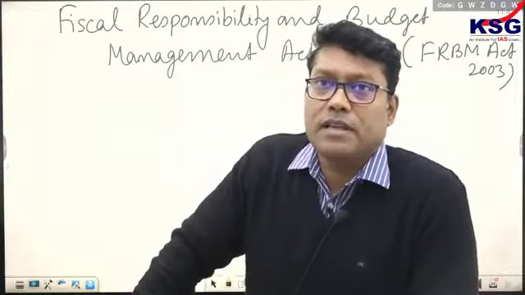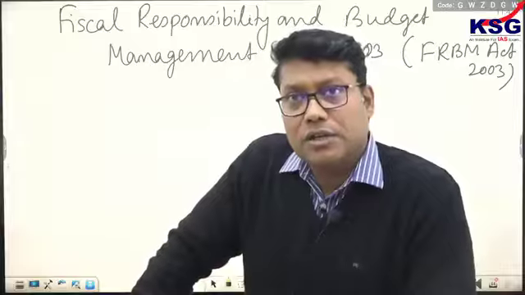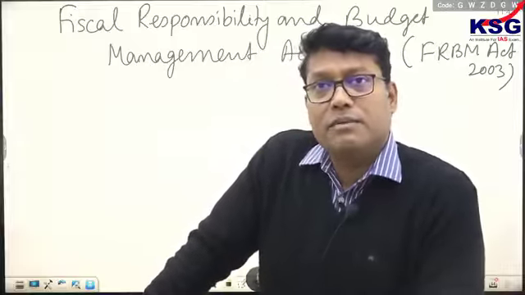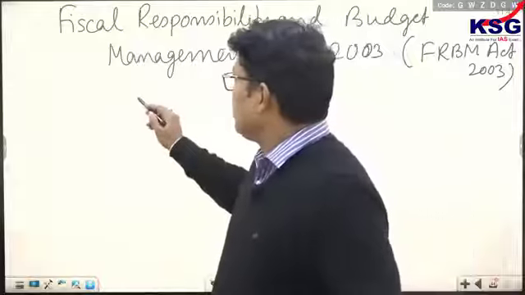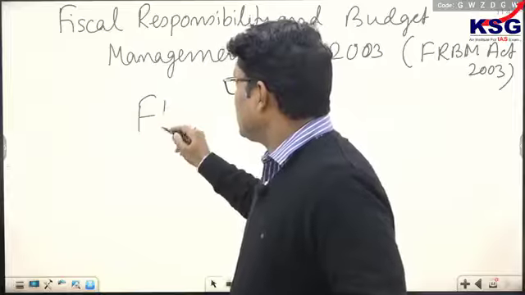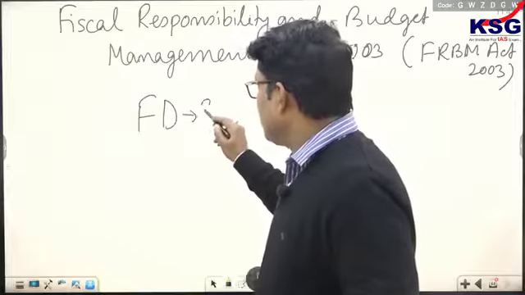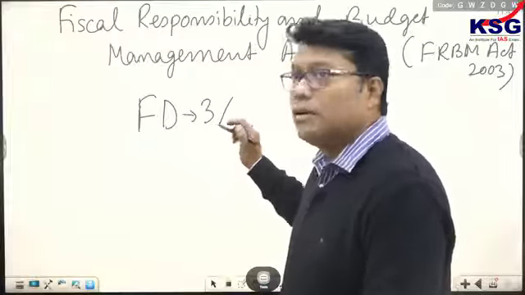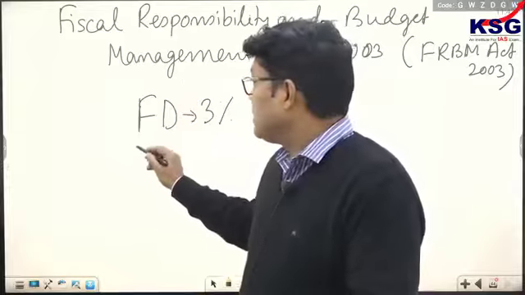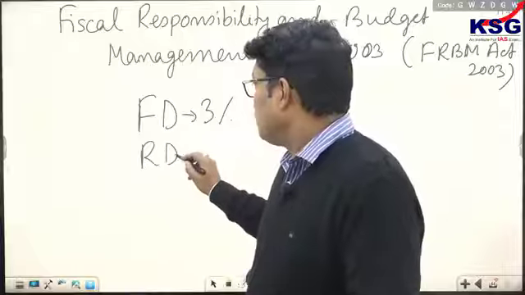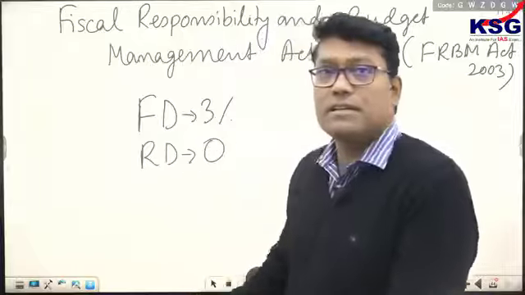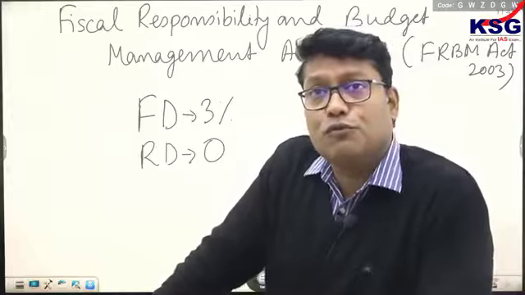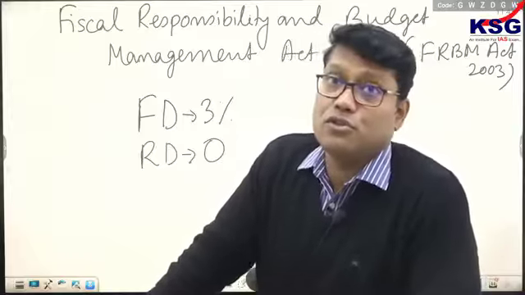Suppose today you take RD, revenue deficit. The FRBM Act says fiscal deficit should be a maximum of 3% and RD should be 0. That is the target. If you achieve that, it's good for both the present generation and the future generation.